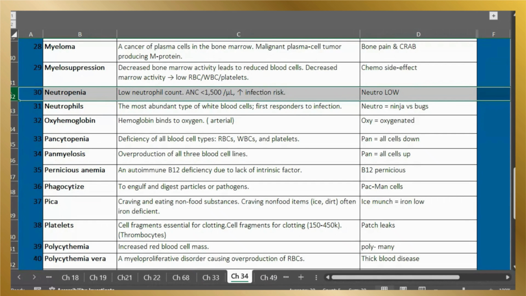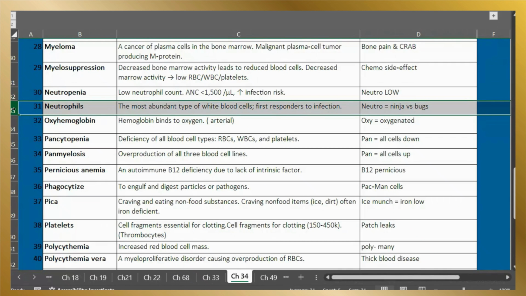But I categorize it there when I review it. So keep in mind it's increased infection risk because of a low neutrophil count.